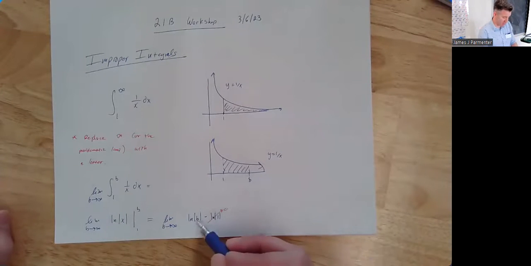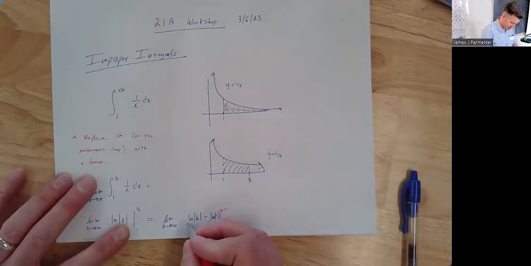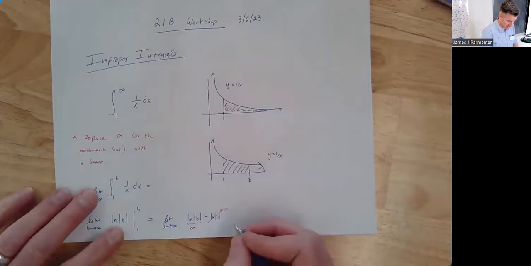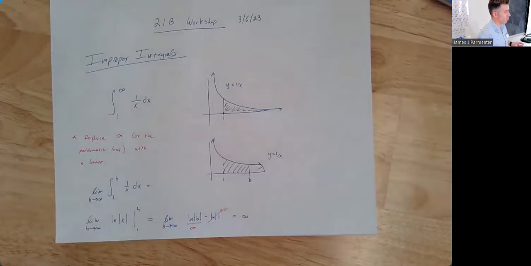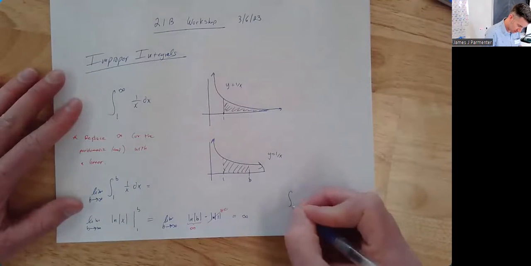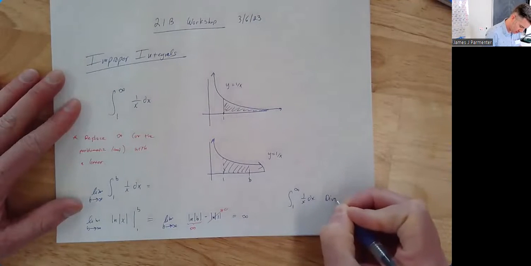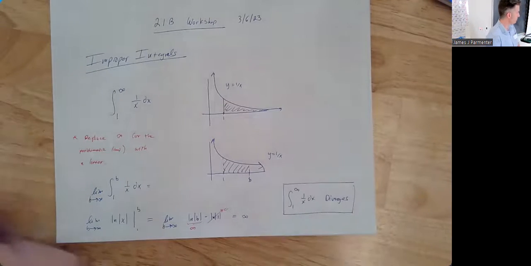But if you let b get larger and larger and larger, this natural log of b is going to get infinitely large. And so this limit is infinity, which means the integral diverges. So this integral is divergent.